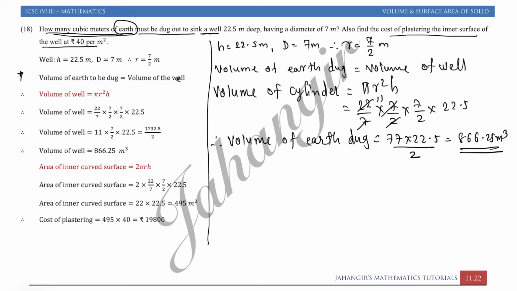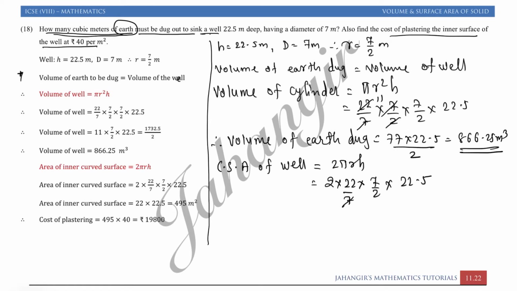Now we have to find the cost of plastering the inner surface area at a rate of 40 rupees per meter square. So first we will find CSA of well, that is CSA of cylinder, 2 pi r h, 2 into 22 by 7 into r, radius is 7 by 2 into height is 22.5.